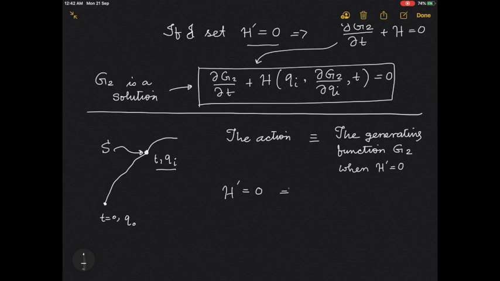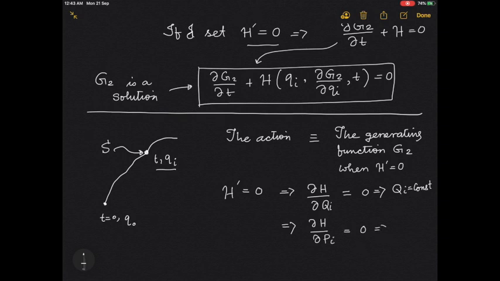Now what does h prime equals 0 mean? Let's see. H prime equals 0 will imply that del h del qi will be 0. So h prime is in the new coordinates, which I write with capital Q's, if you remember. This will be 0, which implies that the Q's are constant. It will also imply that del h del pi's are 0.